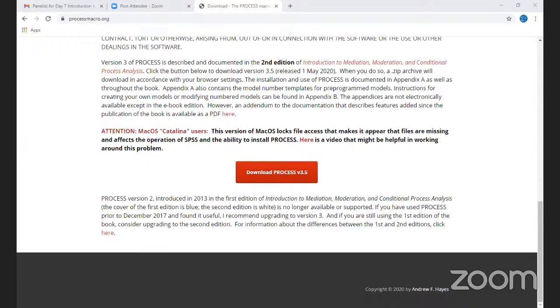I'm stopping sharing this and opening my SPSS. So you download the zip file, put it on the desktop and unzip the file, and then you open your SPSS.